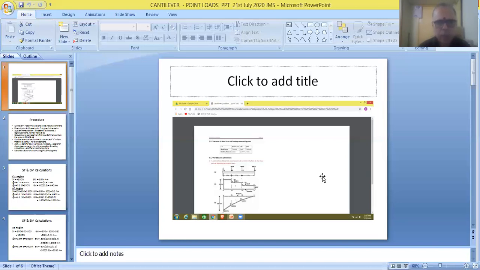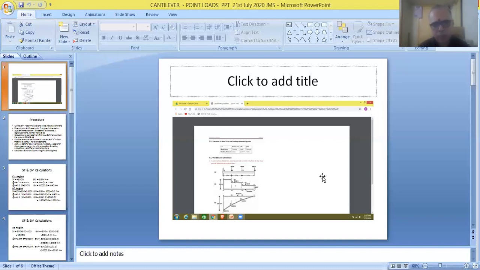And similarly, we take all the values of bending moments at various points in the beam and prepare one more diagram. That diagram indicates the values of bending moments at various points in the beam, so it is referred to as the bending moment diagram.